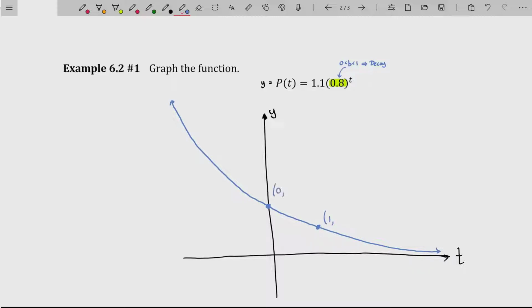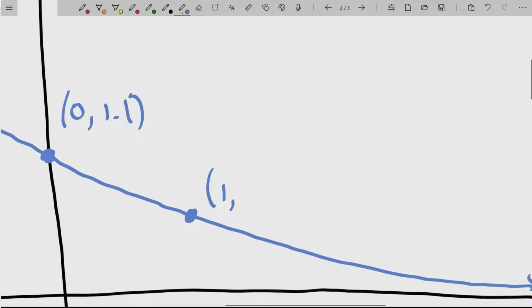So 0 comma and 1 comma. And to figure out what those values are, it's very fast. P of 0 is going to be 1.1 times 0.8 to the 0th power, which is 1.1. And if I plug in 1, I get 1.1 times 0.8. Now that obviously would require a calculator, or you could multiply that by hand if you want to. In either case, it's going to be 0.88.